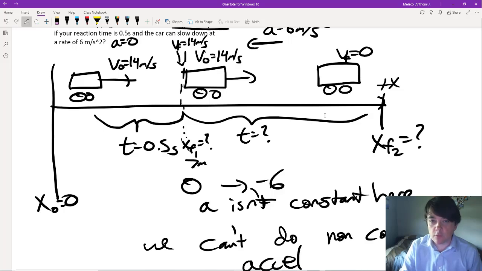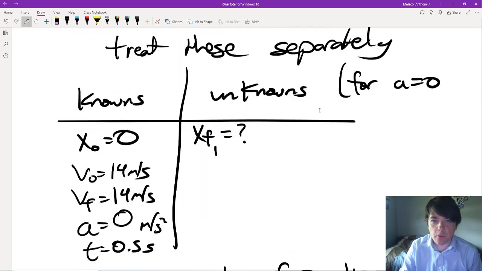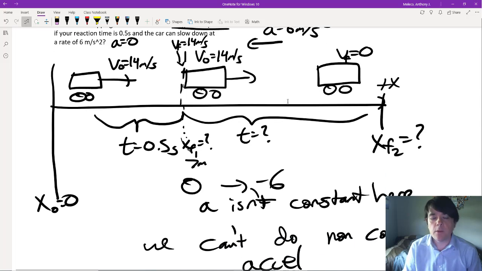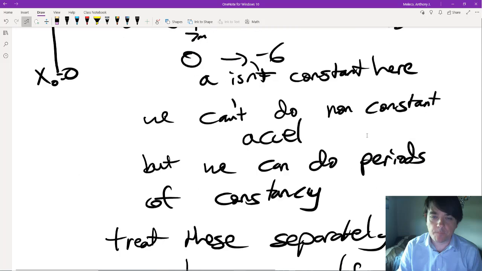So now what we can do is there's a couple ways you can solve it from here. You can treat this guy as an entirely new problem and set this new position at 0, and then figure out this distance, x final 2, and if you do that, you would have to add x final 2 to x final 1 at the end. I'm going to just treat x final 1 as our initial position in this new instance. So we're starting at 7 meters rather than 0.